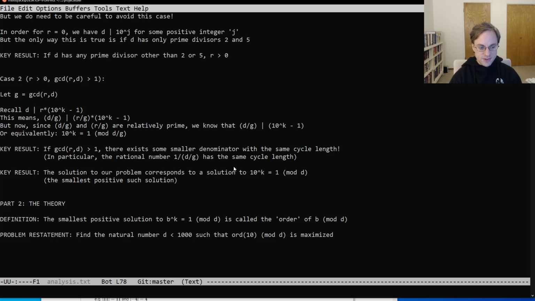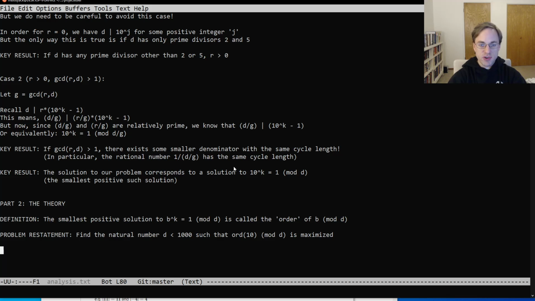And as we've already seen, there are some values of d where the order of 10 is infinite. So I sort of implied in this that the order of 10 is finite. Okay.